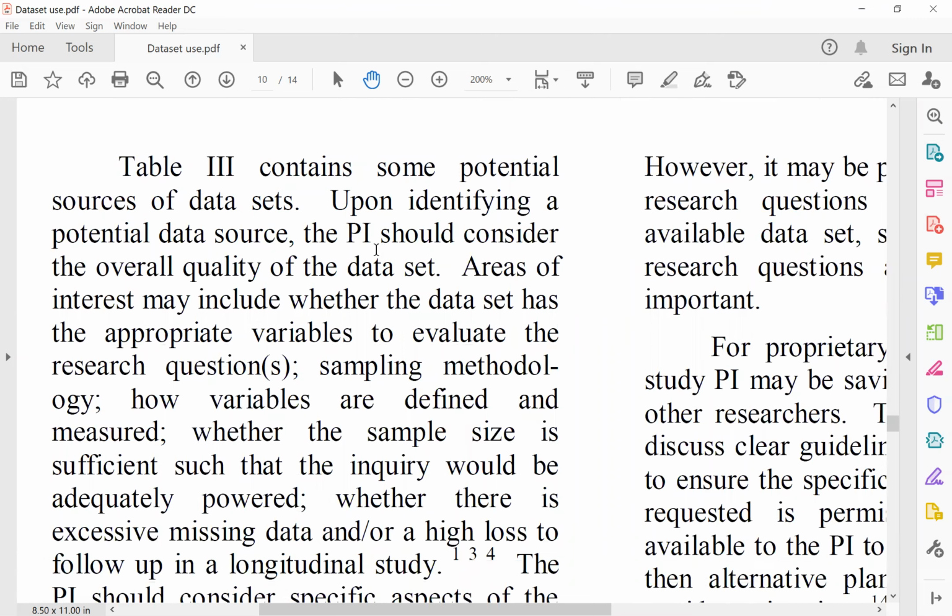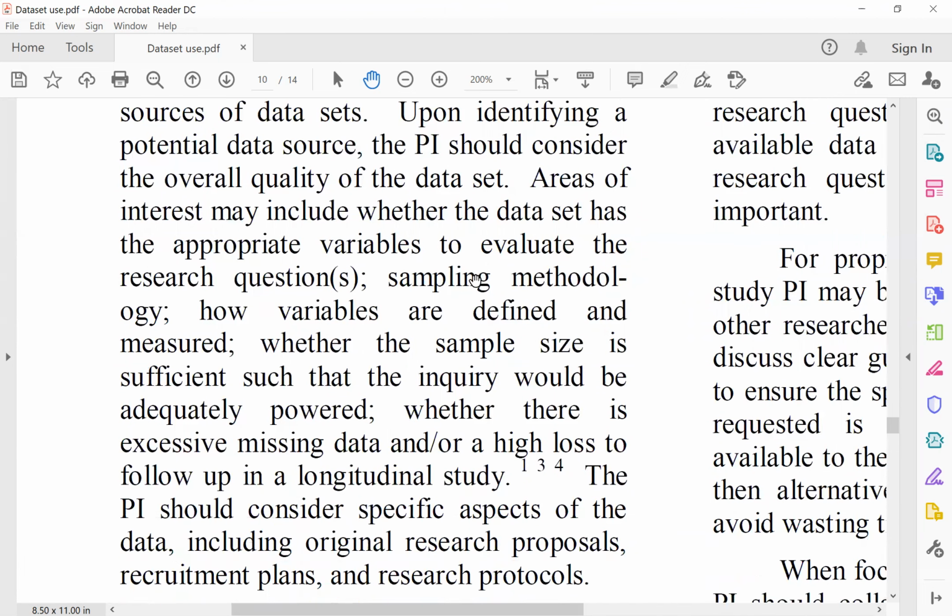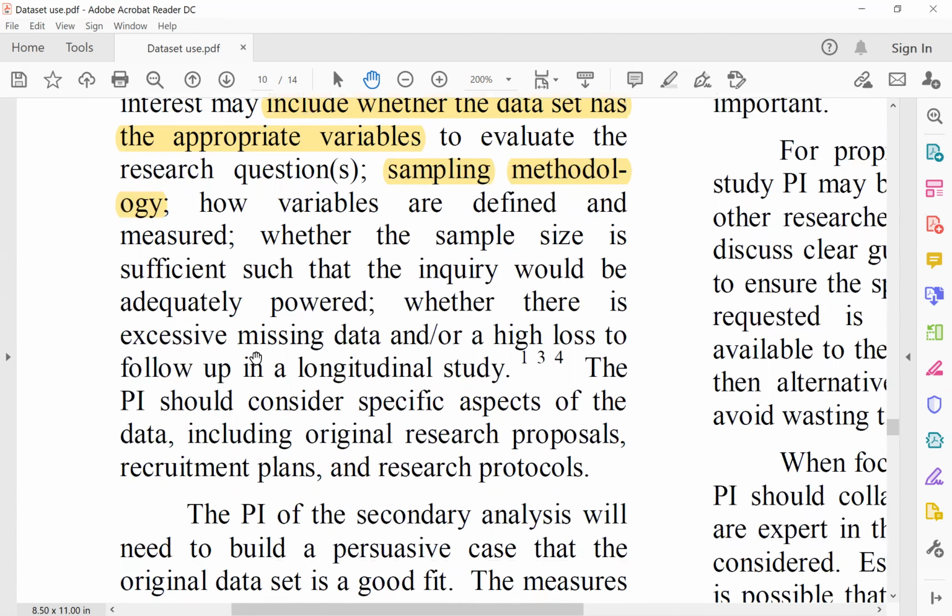Upon identifying a potential dataset, the PI should consider the overall quality of the dataset. Areas of interest may include whether the dataset has the appropriate variables to evaluate the research questions, sampling methodologies, how the variables are defined and measured, and whether the sample size is sufficient such that the inquiry would be adequately powered.